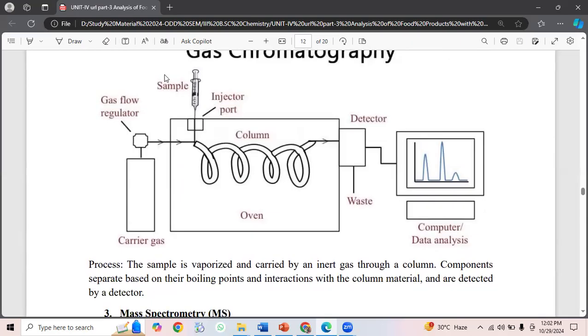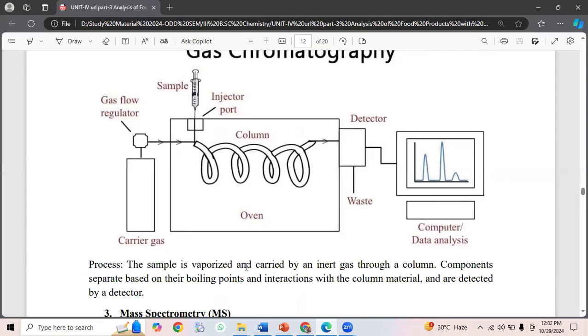We inject the sample through the injection port. This is the detector. There will be a column with stationary and mobile phases, covered by an oven. The gas carried is an inert gas. After the detector, it is connected to the PC for data acquisition. The waste material is removed, and the data is recorded in the computer for analysis.